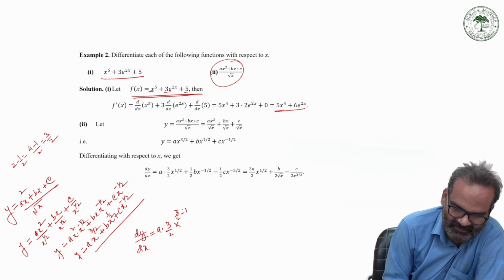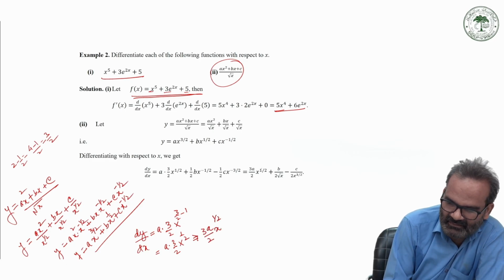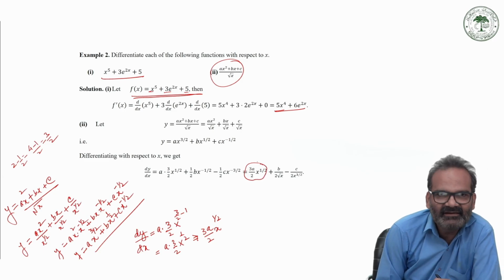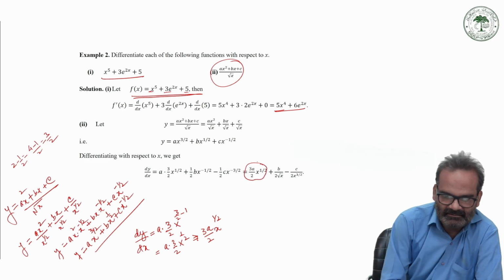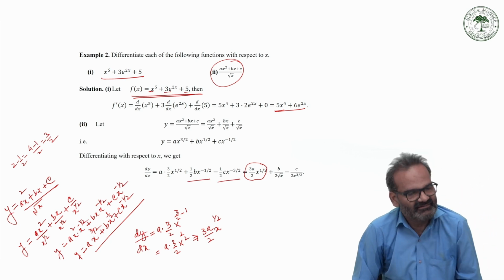What is left? This will be equal to a into 3 by 2 x power, what is left? 1 by 2. So this is equal to 3a by 2 x power 1 by 2, the same as we get here. Similarly, you can calculate the second term, its derivative, and third term, its derivative.